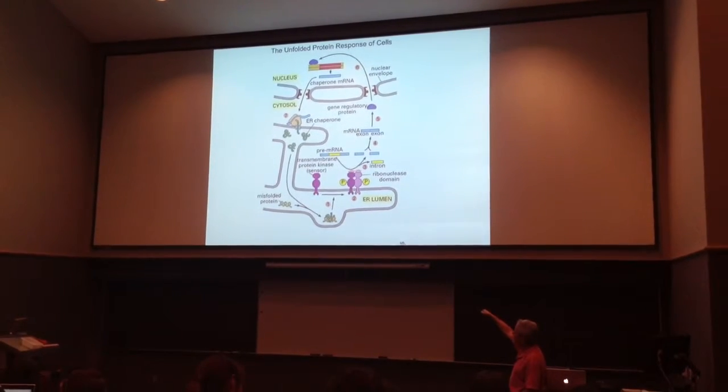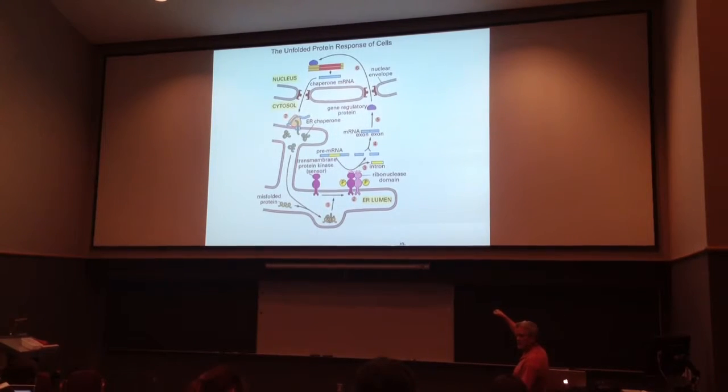With nothing bound, it can dimerize, and the dimer phosphorylates itself, and that phosphorylation activates it and turns on a nuclease activity. That nuclease activity processes an unprocessed messenger RNA in the cytosol, and when it processes it, it becomes an active message and is translated into a transcription factor.